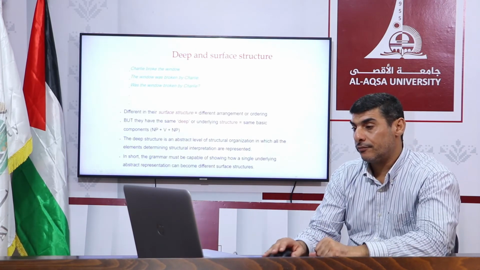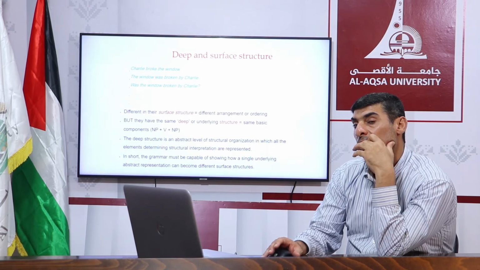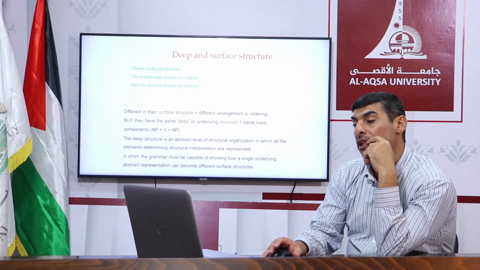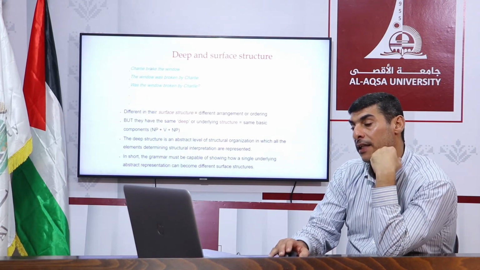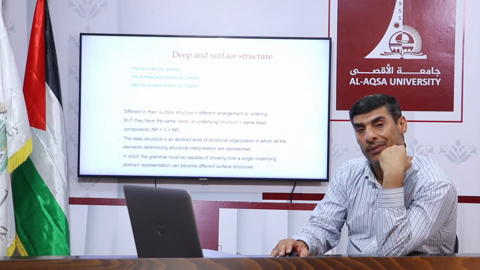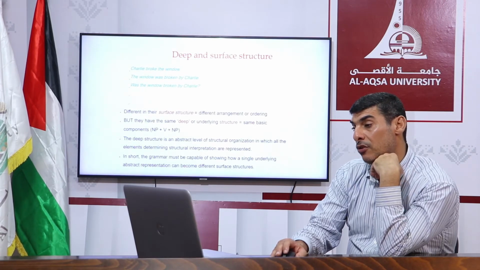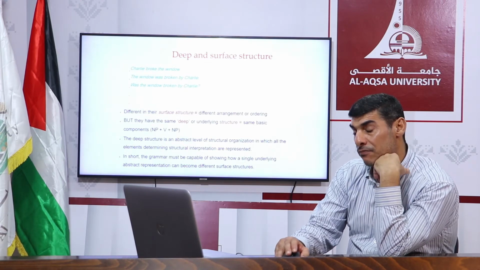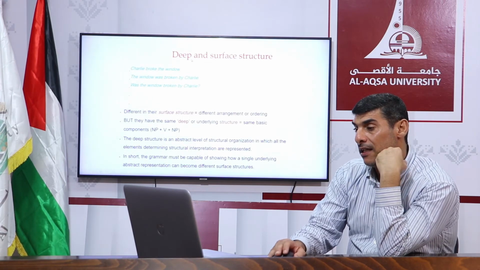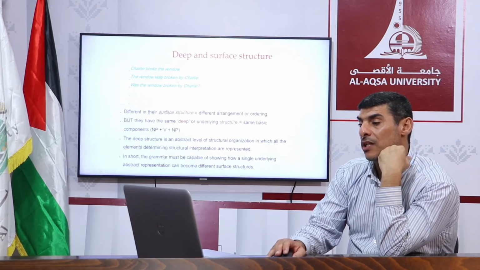If I say Charlie broke the window. The window was broken by Charlie. Was the window broken by Charlie? So we have here the verb broke, which is past simple tense, and we have the window, that is the object. So the object becomes the subject of the sentence. The window was broken, this is passive, by Charlie, you see.